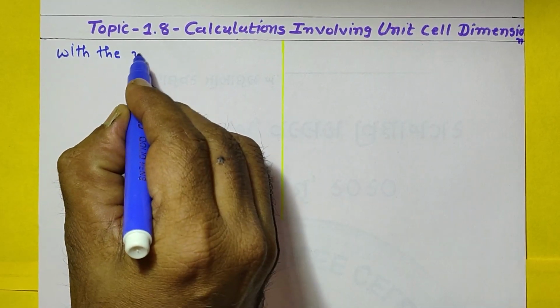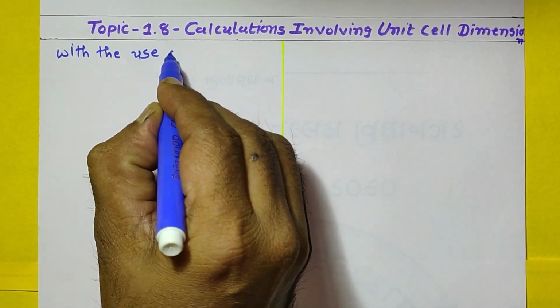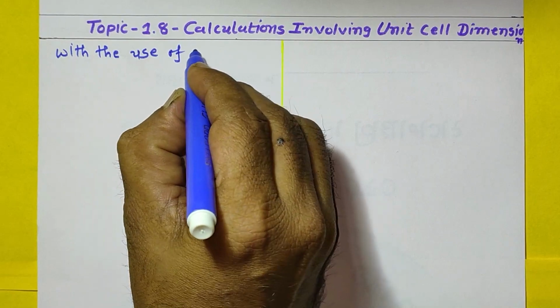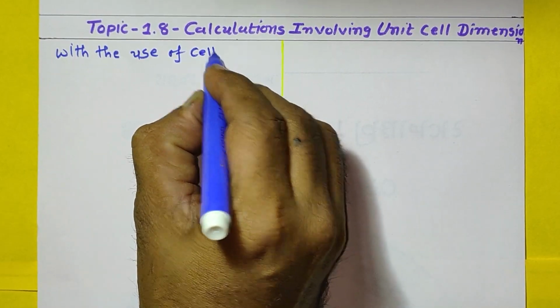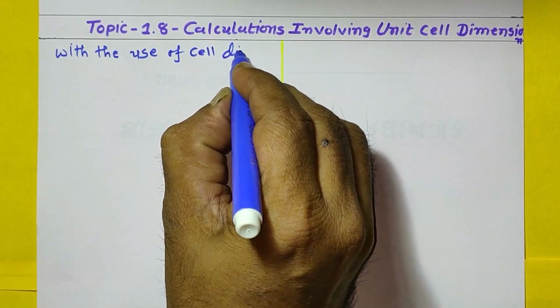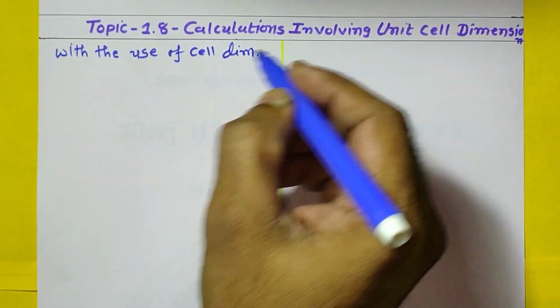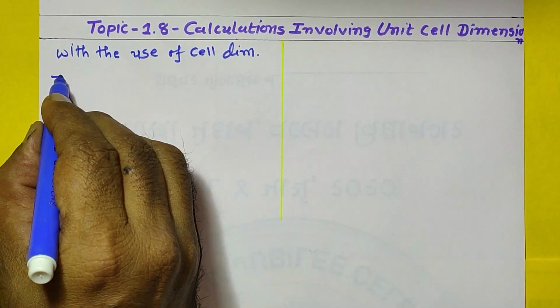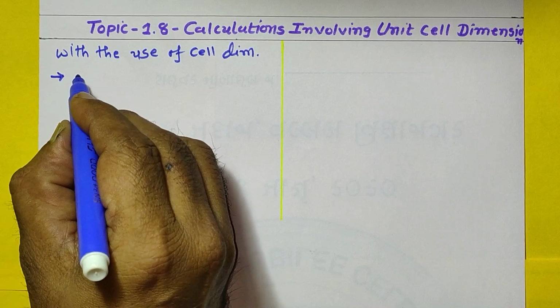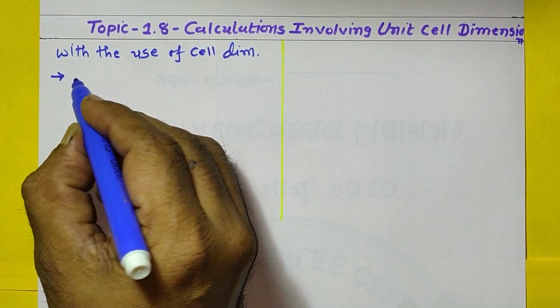Use of cell dimensions. What can we do? First of all, we can find out the volume of unit cell.